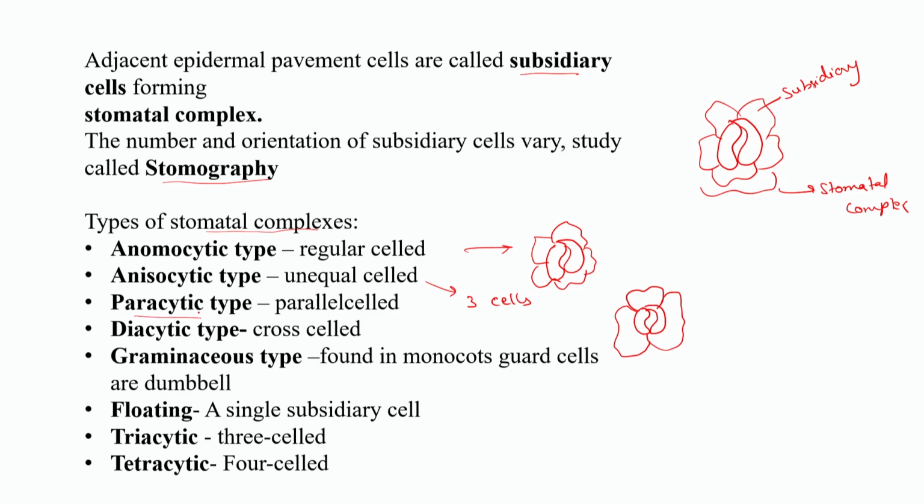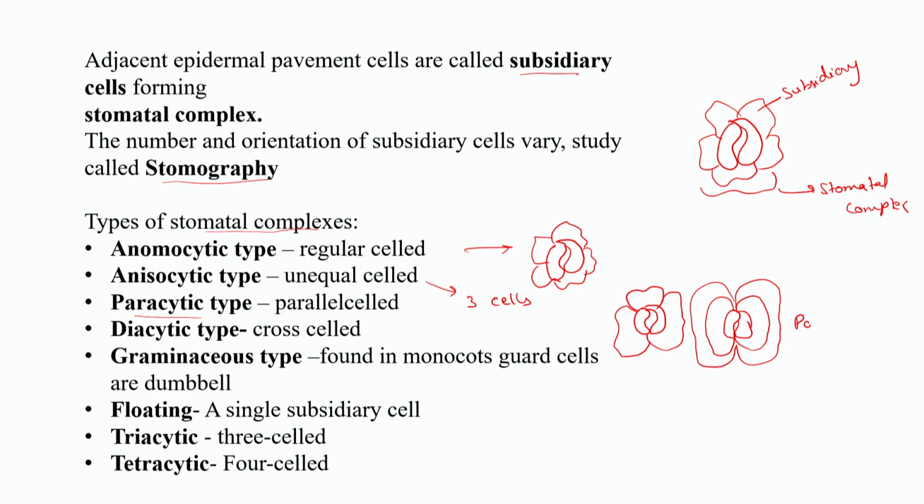Paracytic type is parallel celled. In this type, the stomata is surrounded by 2 subsidiary cells or accessory cells which are parallel to the long axis of the pore. Suppose this is the stomata. It will be surrounded by 2 sets of these subsidiary cells, which will be parallel to the pore axis.